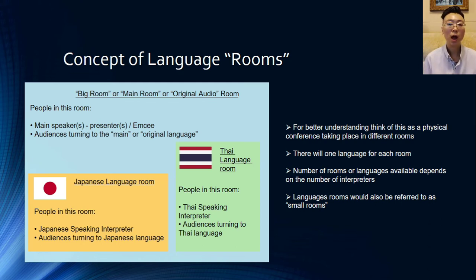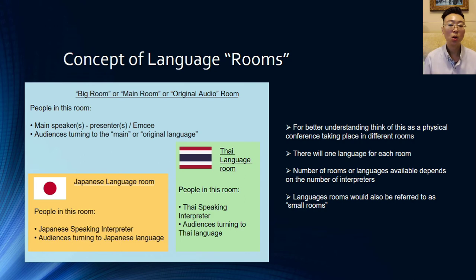To make things easy, imagine yourself in a physical convention hall where you would have a big room, and then maybe different halls having different things happening. You go into this big event, and this is the so-called big room.